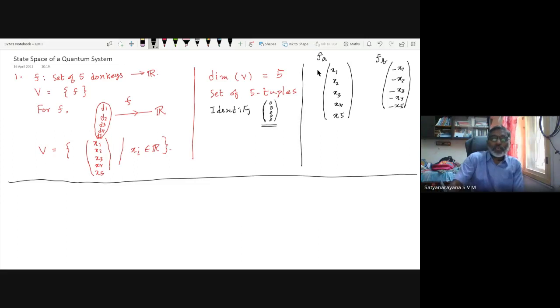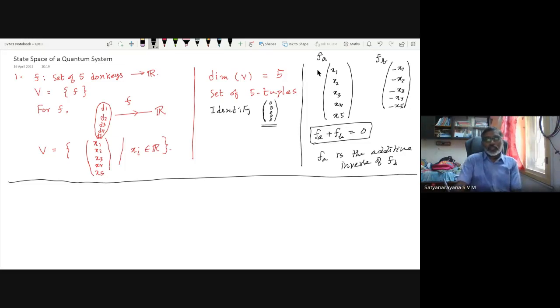In as much as x1 to x5 are real numbers, minus x1 to minus x5 are also real numbers, such that fa plus fb will be equal to 0. So fa is the additive inverse of fb, or vice versa. Fb is the additive inverse of fa.